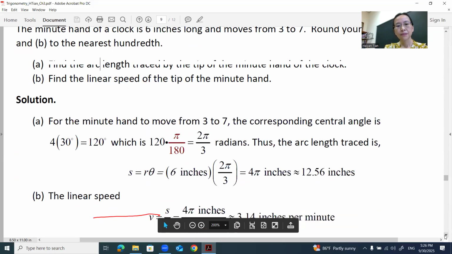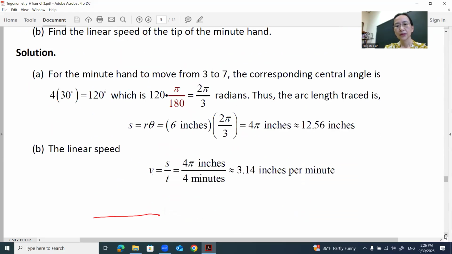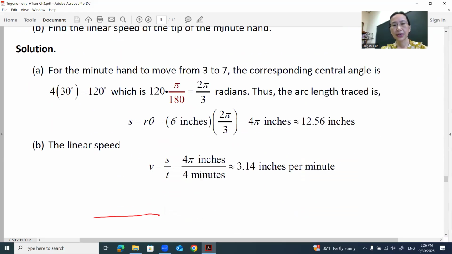So after we get the total arc length traced by the tip of the minute hand, the linear speed will be that distance divided by 4 minutes. So each minute will be pi. Because 4 pi over 4, in 4 minutes, it traveled 4 pi inches, right?